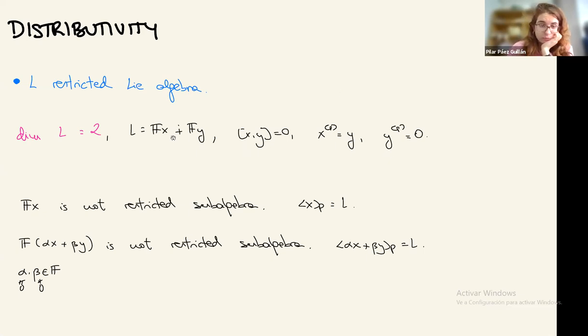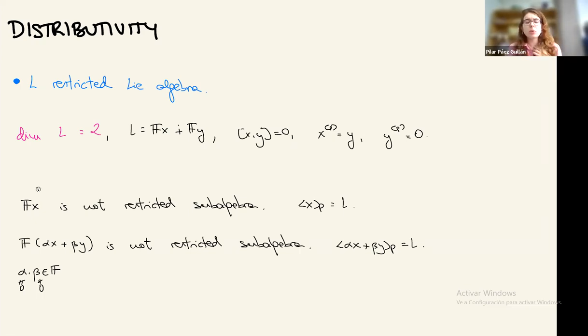But what happens now? Before, the linear span of x, the scalar multiples of x, formed a subalgebra. But now this Fx is not restricted, because if I consider x to the p, I get y, which is clearly not in the linear span of x.